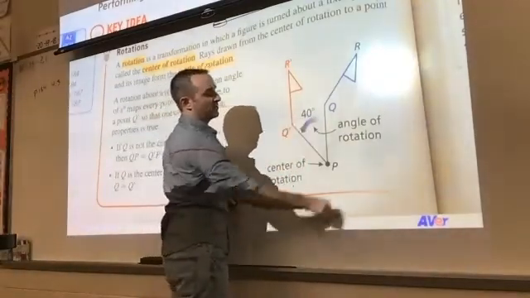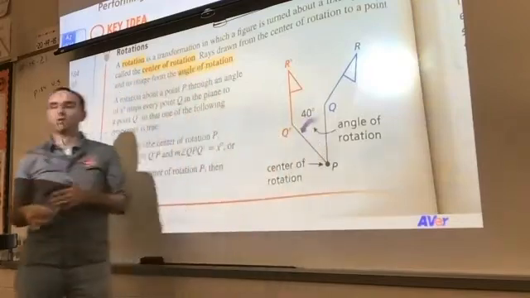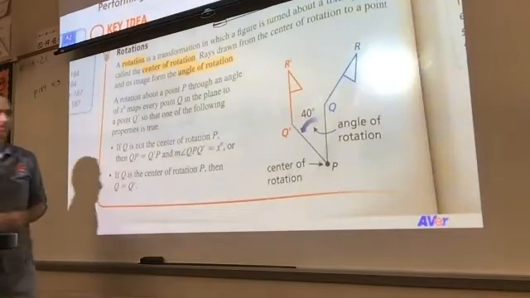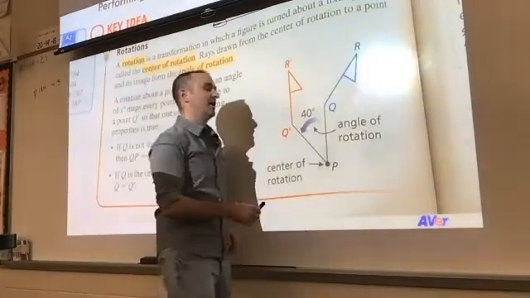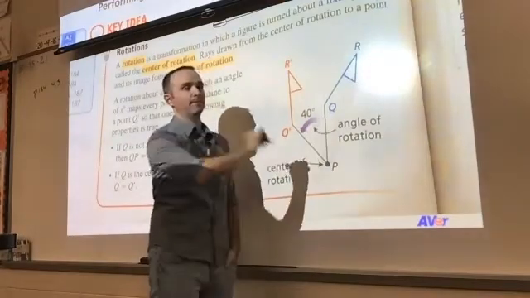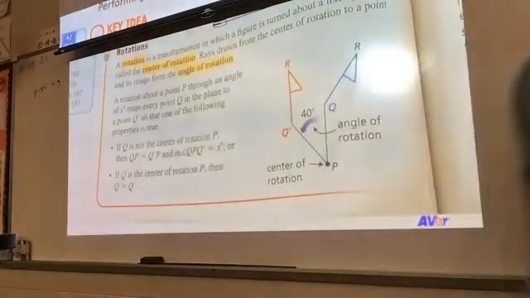Unless they specifically say clockwise, we have to assume it's counterclockwise. Okay, so a 90-degree angle of rotation would be from here to here, counterclockwise. And that's going to be important when we start talking about our rules.